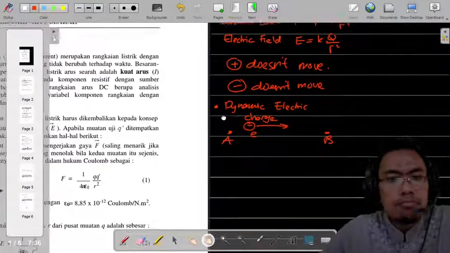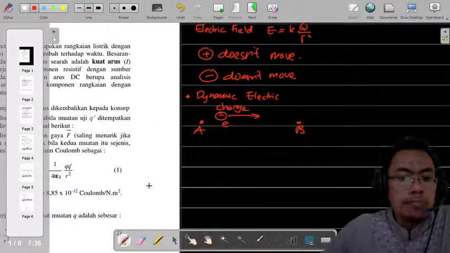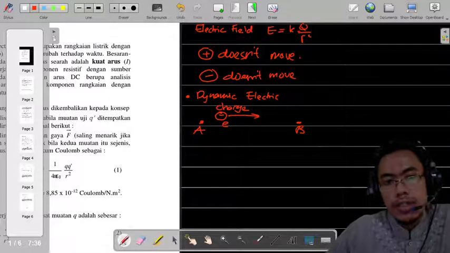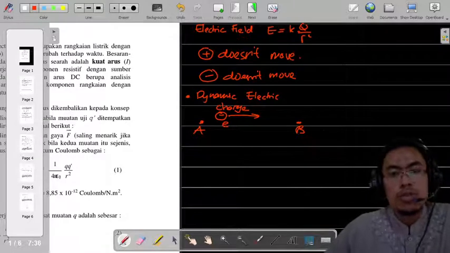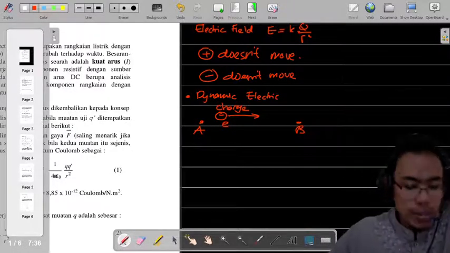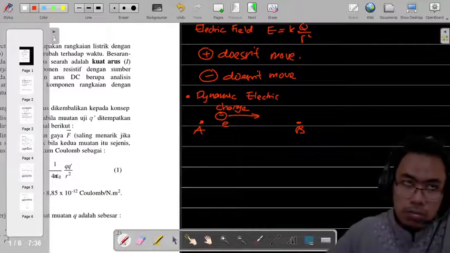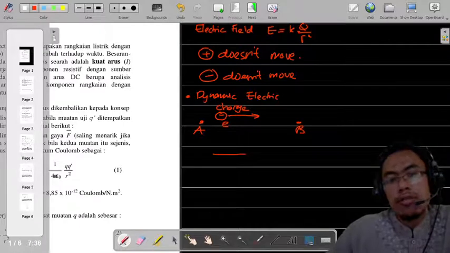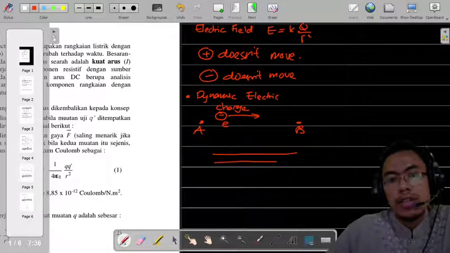In this lesson, we are going to learn what happens when the electron moves from one point to another point in a certain medium. Let's say we have an electric wire.